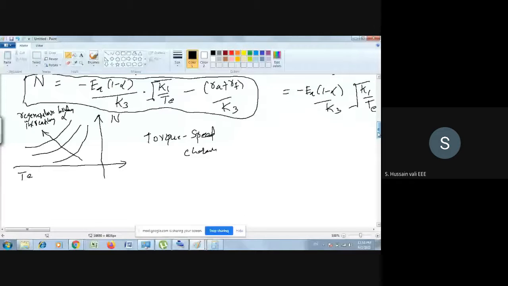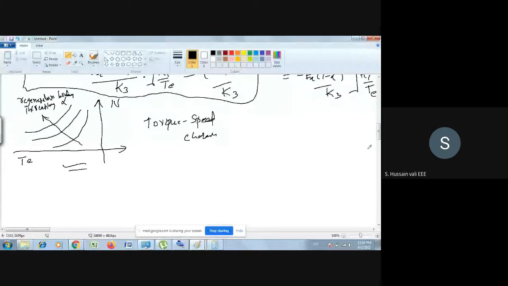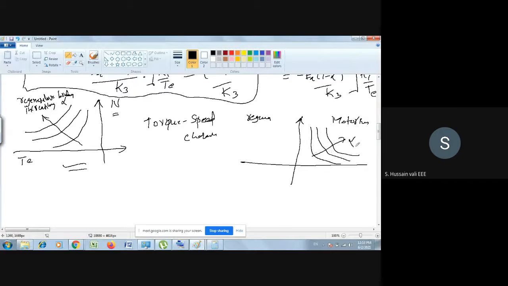For different values of TE, you find different values of speed. Now if we draw both motoring and regenerative braking combined, this is the motoring condition and this is the regenerative condition.